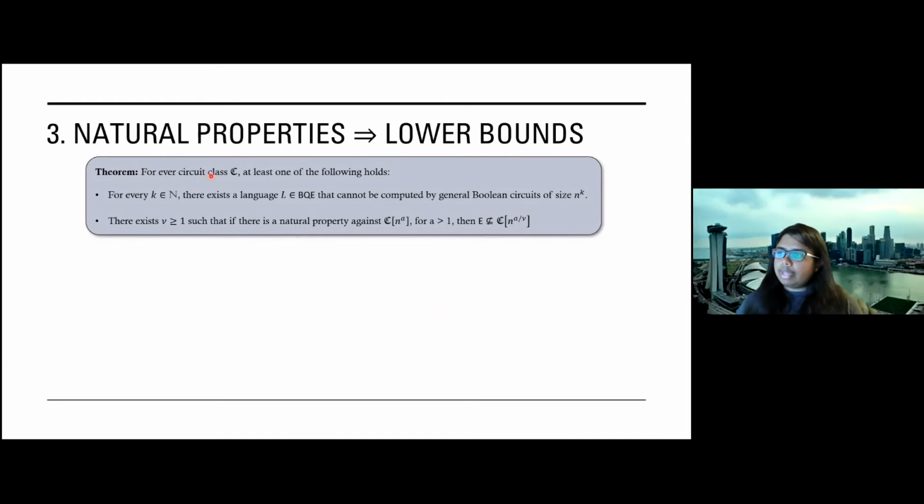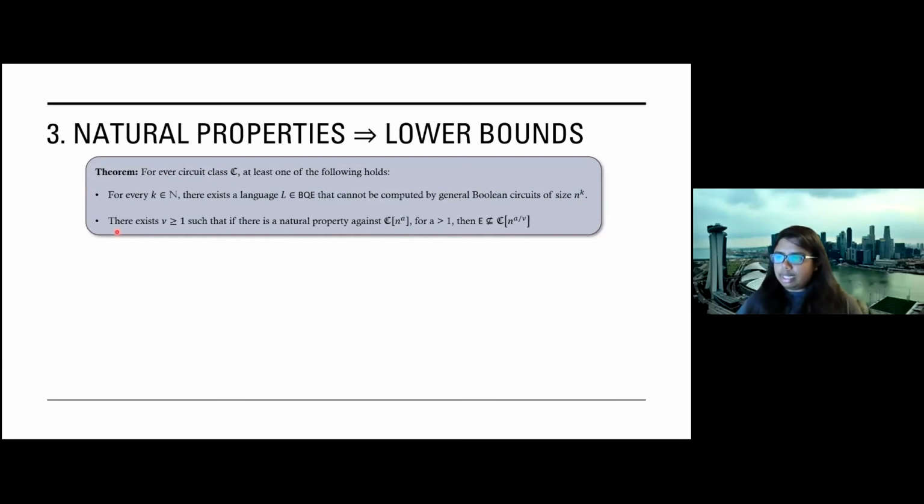We say that for every circuit class C, at least one of the following two conditions holds. For every k, there is some language L that is in the class BQE that cannot be computed by just generic Boolean circuits of size n to the k.